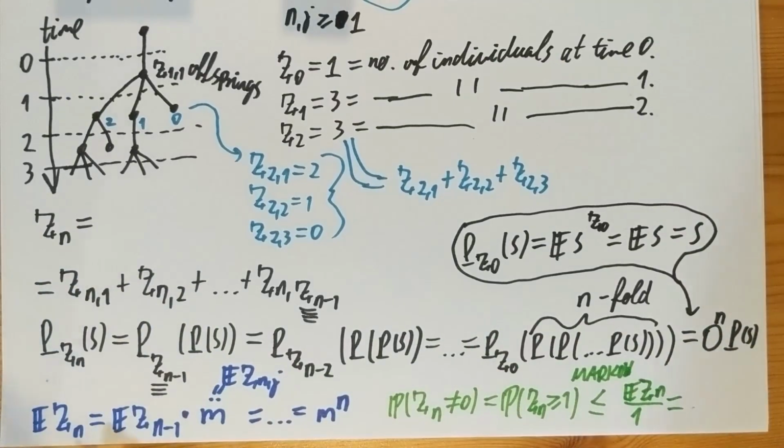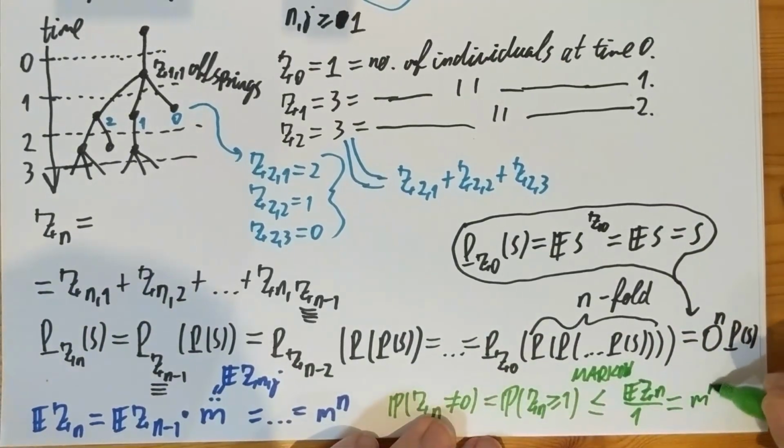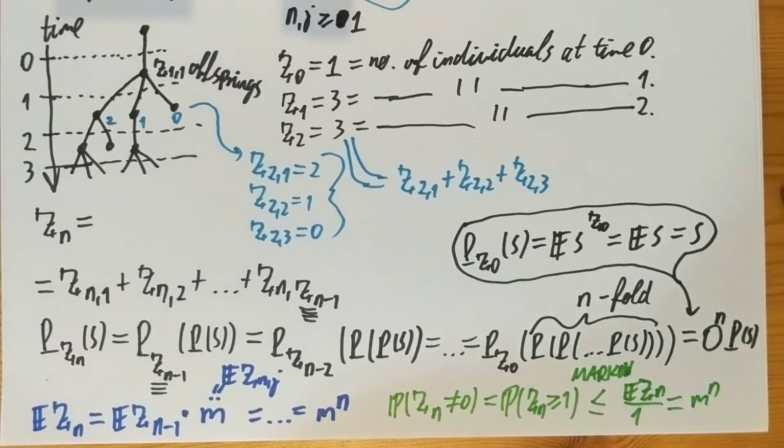And the expectation of Zn is m to the n. So if m is smaller than 1, if the mean offspring number is smaller than 1, then this goes exponentially fast to 0. So if m is smaller than 1, then the survival probability of this process goes exponentially fast to 0. So there is a very fast extinction if there is not at least one individual on average per amoeba, which is quite natural and quite plausible, and that's what's happening. We're going to explore this a little bit more in the next videos.